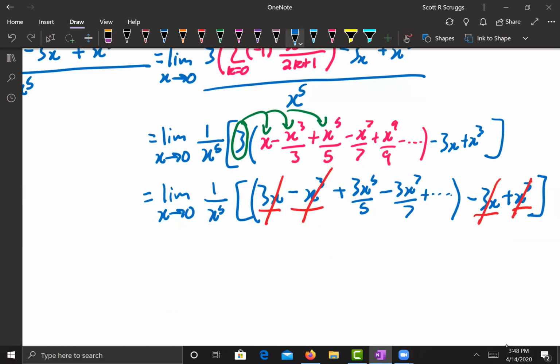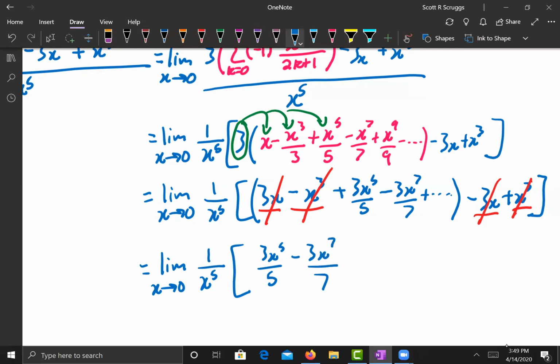Meaning what I have left is the limit as x goes to 0, 1 over x to the 5th of 3x to the 5th over 5 plus or minus 3x to the 7th over 7 plus 3x to the 9th over 9, or 1/3 of x to the 9th over 3, and so on.